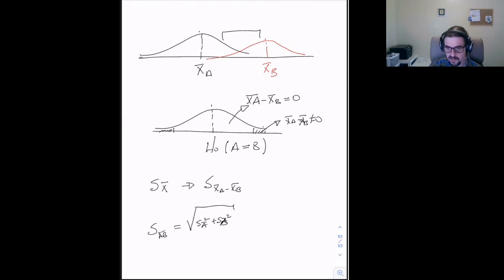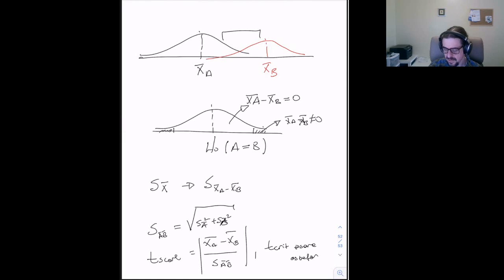Okay, and our t-score is exactly the same as we did before. The difference is we have x a bar minus x b bar divided by S AB. And that's going to be in absolute values, and our t critical is the same as before.